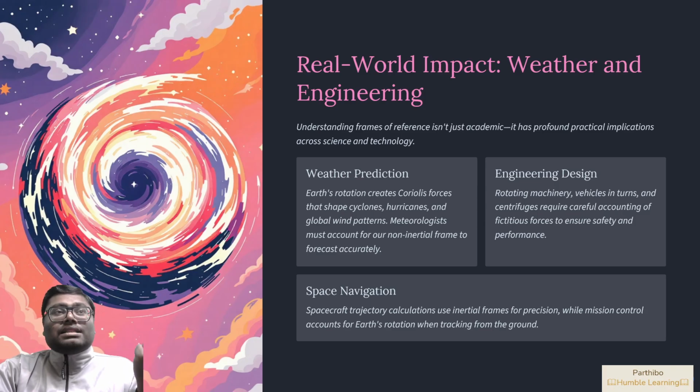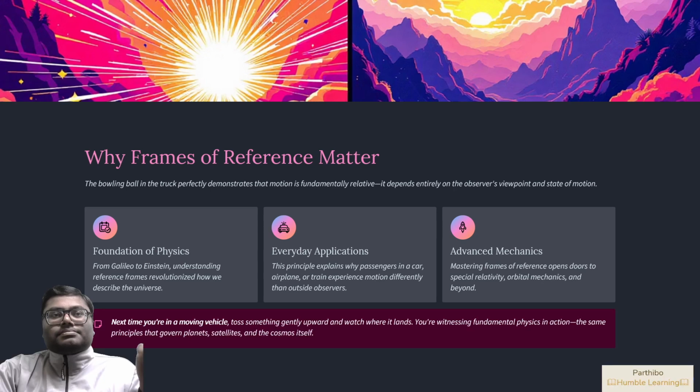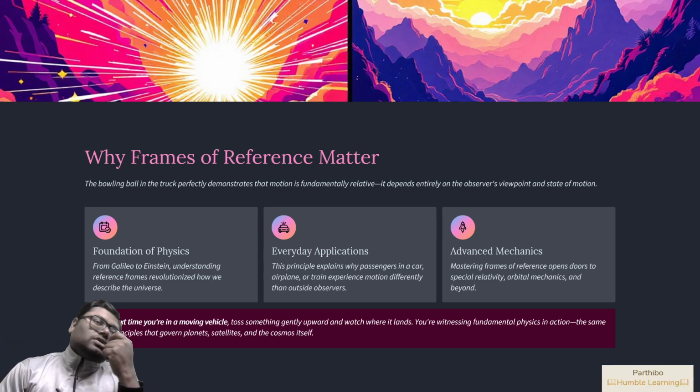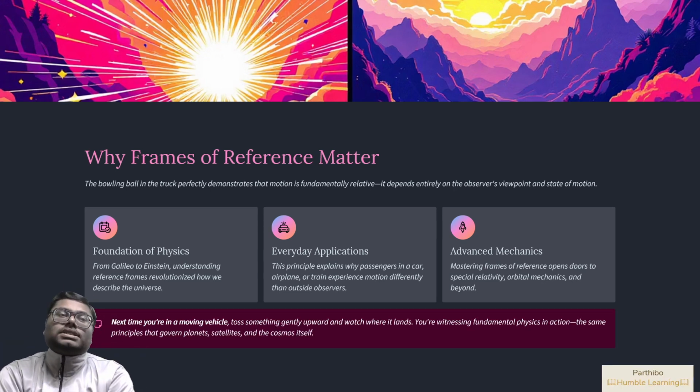By learning them, we can predict what types of force will be acting on those things. By predicting those calculations, we can plan our landing. So why does frame of reference matter?